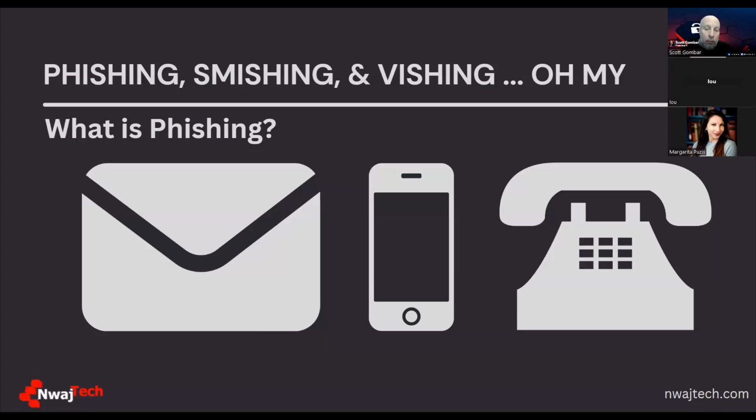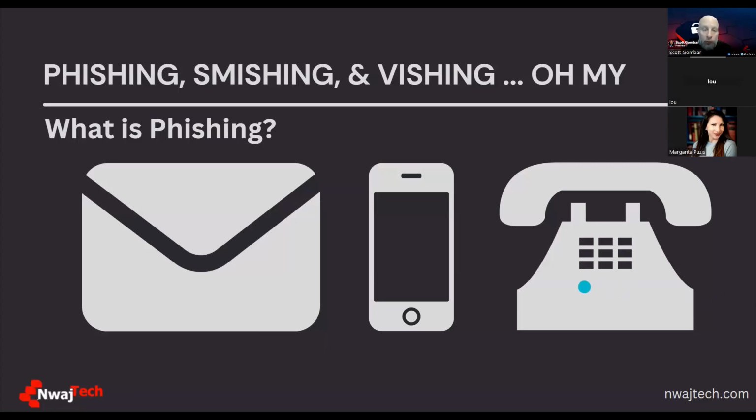When you call the number, they will pretend to be the fraud department for that bank, and that has a much higher success rate of stealing money from the victim than if it's just a text message or an email alone. In reality, the link might lead to a malicious website designed to steal login credentials, or the phone number might connect to scammers posing as bank representatives.